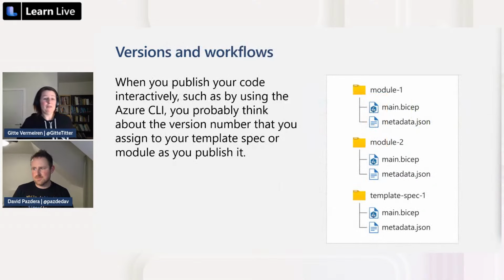Now, we came up with a system, and actually, David, you came up with the system together with the other person who wrote this Learn module, my colleague John Downs, which is using these metadata.json files. Can you talk us through it and what it actually does, how it's conceived, what's in there?